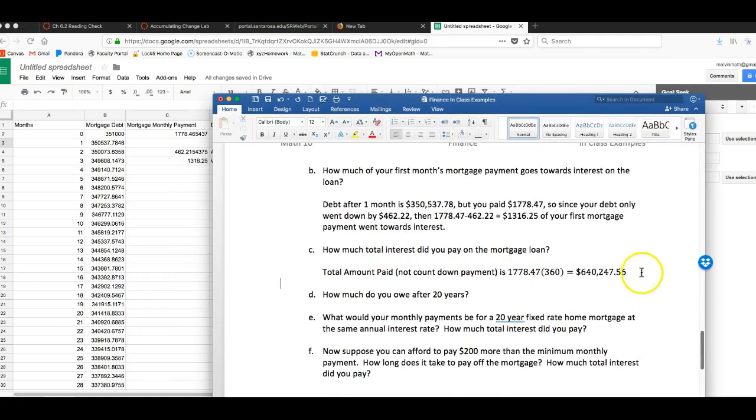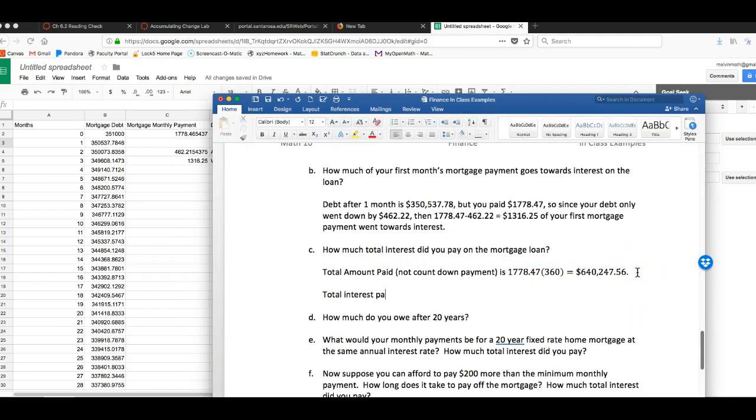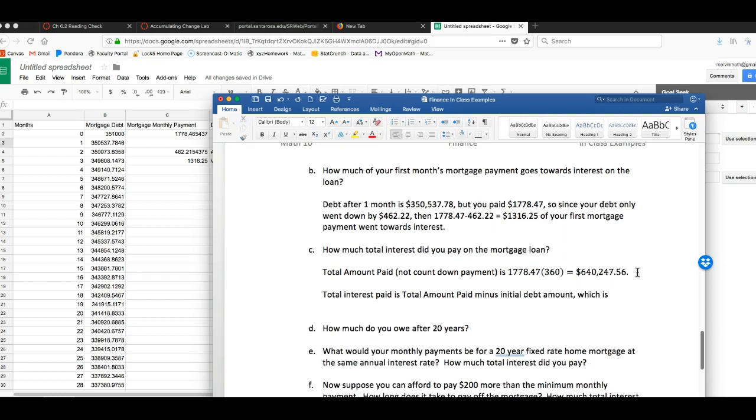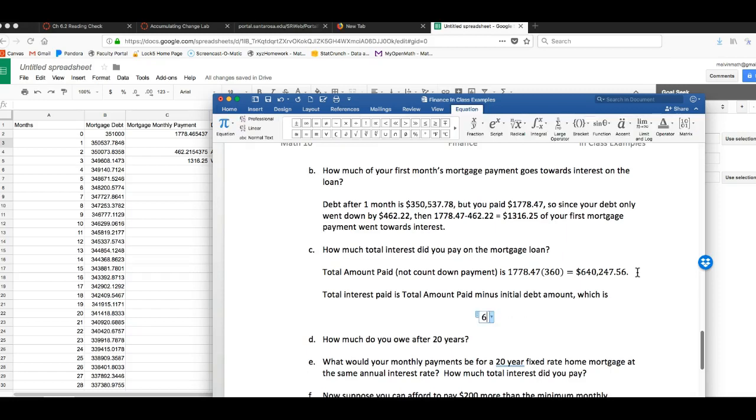That's not the total interest. Total interest paid is the total amount paid minus initial debt amount. So if I want to figure that out, I need to take the 640,247.56.